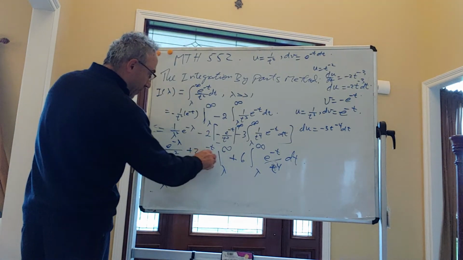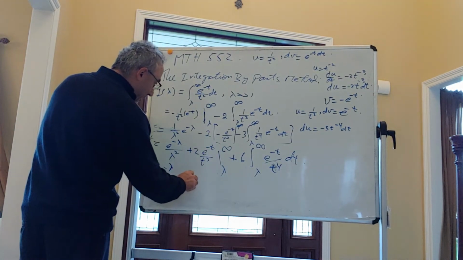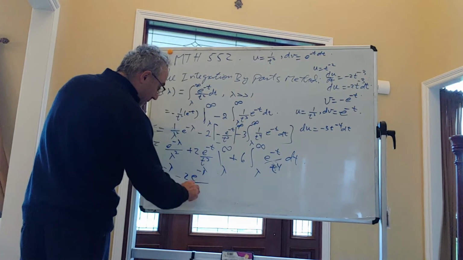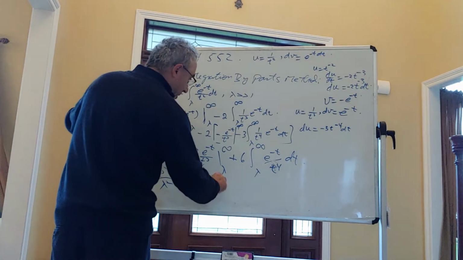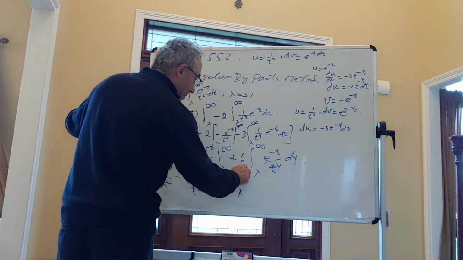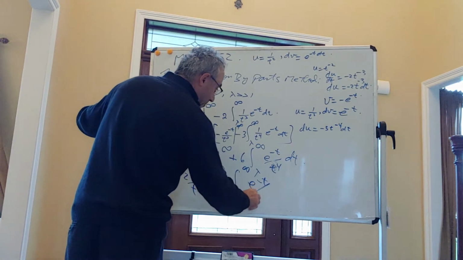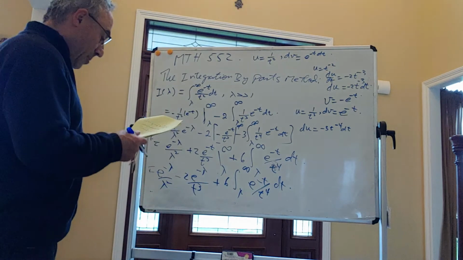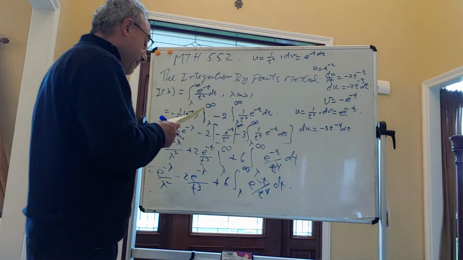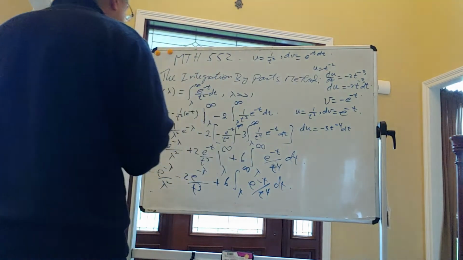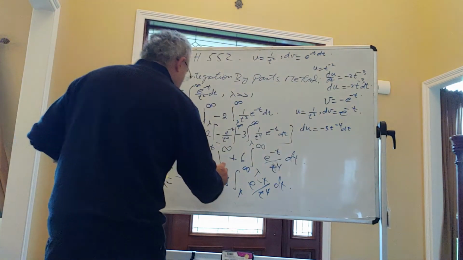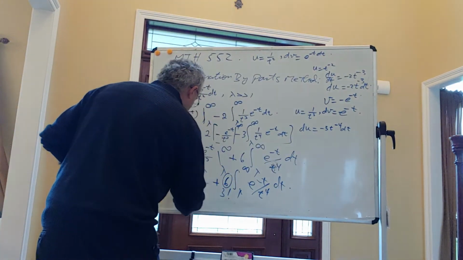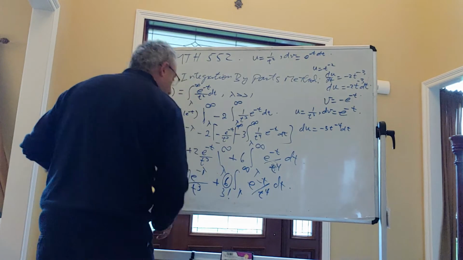And here you put infinity, you get 0, so you're going to get minus 2 e to the minus lambda over lambda cubed. And then plus 6 times the integral from lambda to infinity of e to the minus t over t to the 4 dt. All right, so this is what we're going to have. And this one, write as 3 factorial. This one, write as 2 factorial.